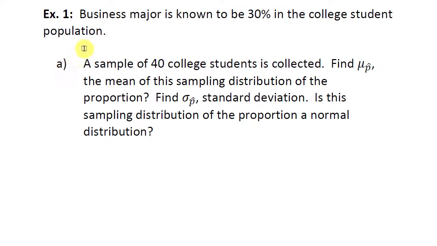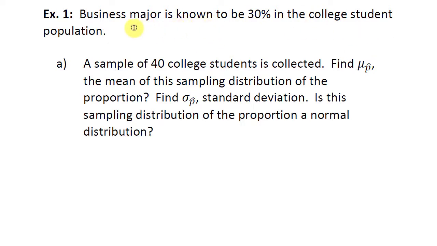And so this beginning description of our example is important. It introduces us to the college student population. So the wording is quite clear here. Business major is known to be 30% in the college student population.